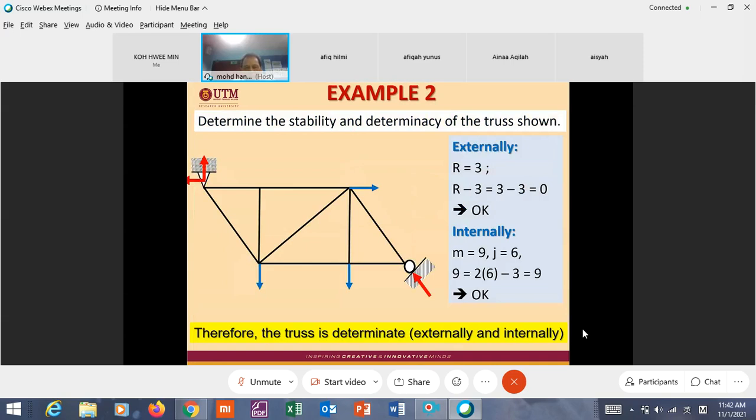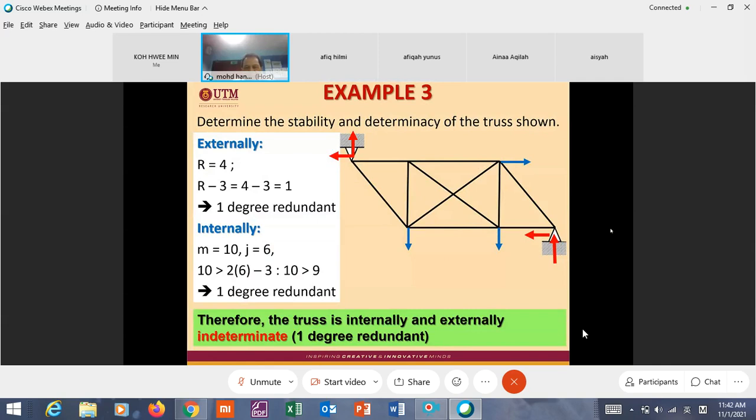And what about this structure? It's about the same structure, but the difference is that you have one additional member here. So m equal to 10, but j is still 6. So now we have one redundant member. This is called a redundant member.